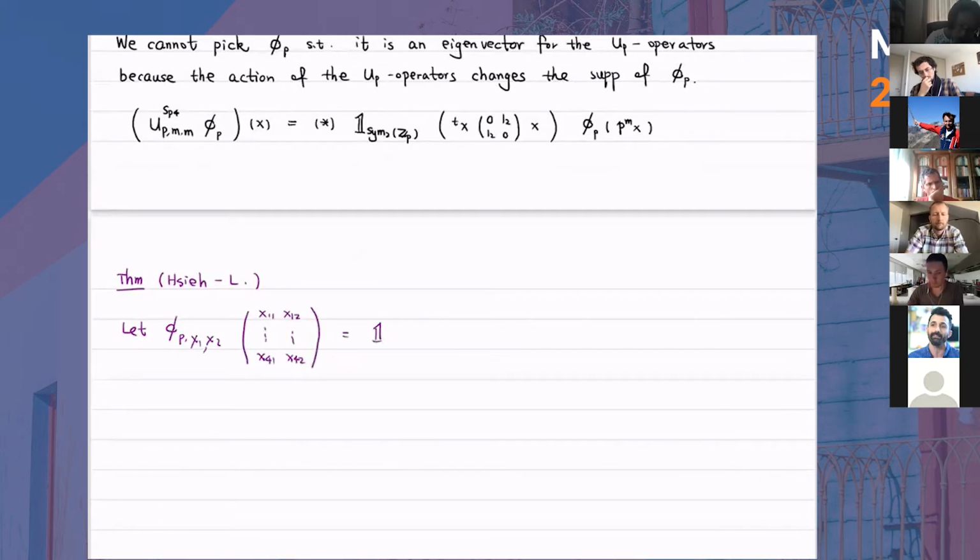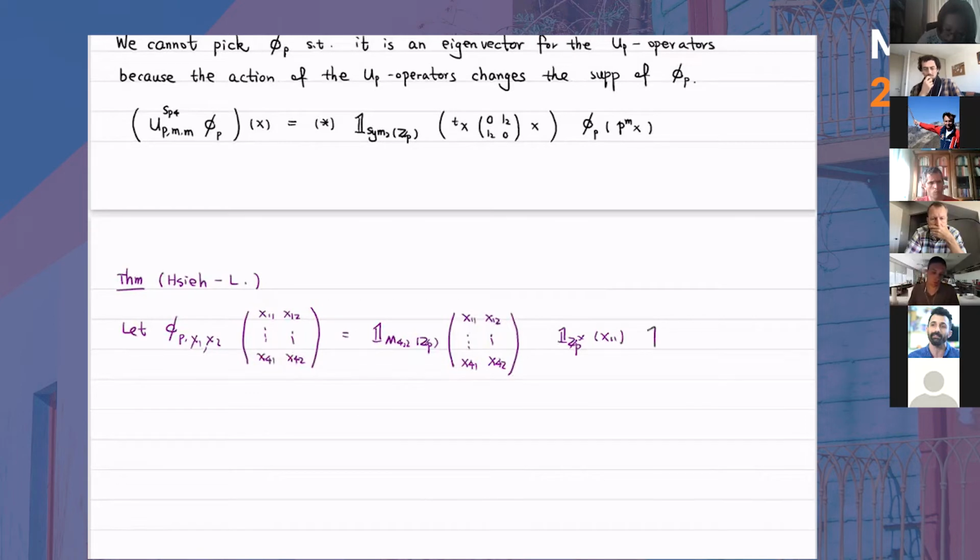So we're gonna make it supported on the integral points. And then I want the x11 to be supported on Z_p cross.